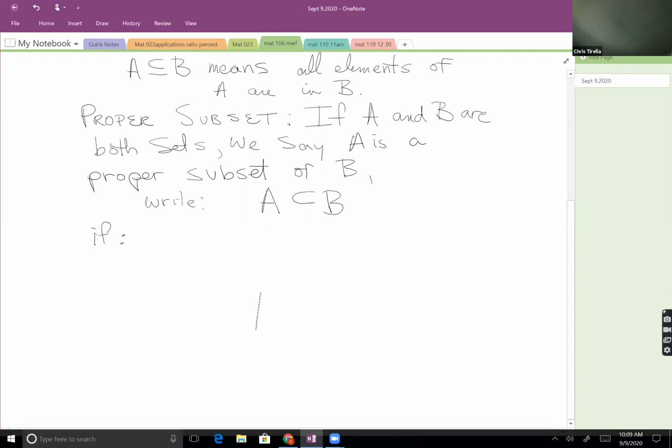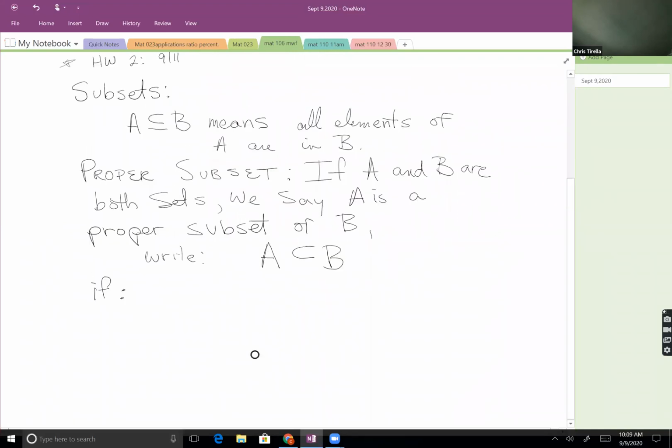I'm talking to a meeting full of intelligent college students. I want everybody to take a minute and compare this statement, A is a proper subset of B, to this statement, A is a subset of B. They sort of look similar, don't they?